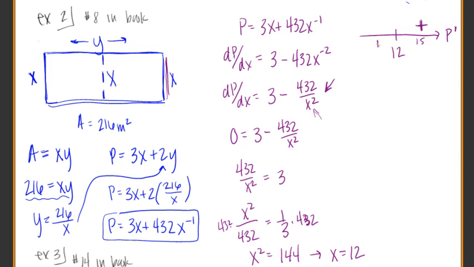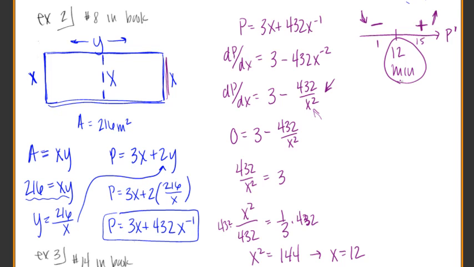Let's test maybe 1 instead. Well, 3 minus 432 over 1 squared is 3 minus 432, which is definitely negative. So this is telling me that my slope is negative, which means my graph is going down. This is telling me my slope is positive, so my graph is increasing. So if I go from down to up, I've definitely come across a minimum value at 12.